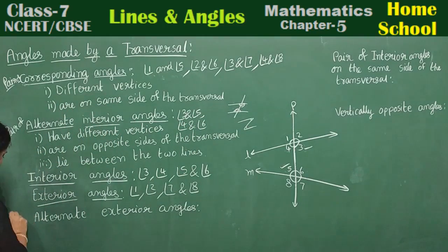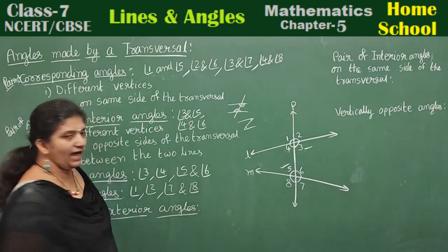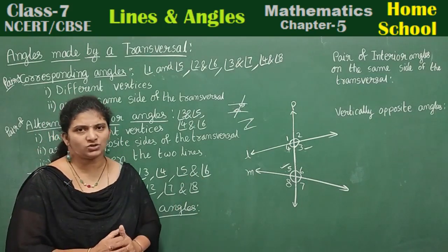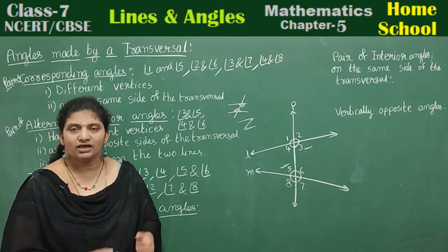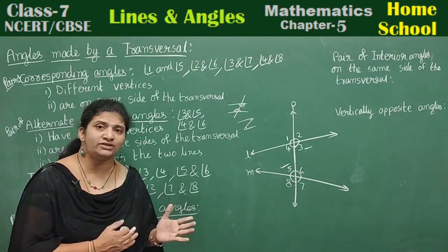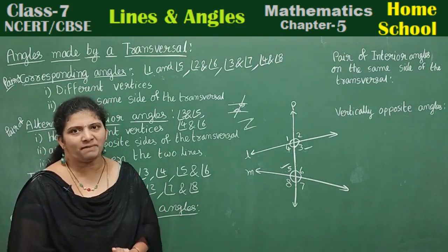Now one more word I am going to ask. Pair of alternate exterior angles. Interior angles, okay. Exterior angles will be from different vertices. They are on the opposite sides of the transversal and they don't lie inside the parallel lines.